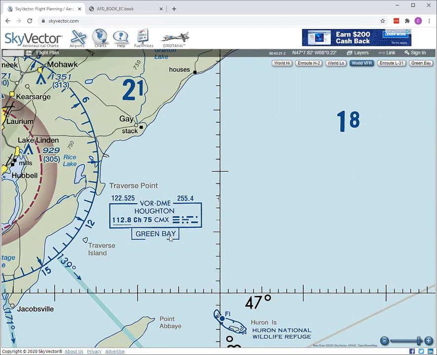Now, this VOR is special. It also has some other additional services that it offers. On the outside of the box here, we have two different frequencies: 122.525 and 255.4. We also have this down here, which says Green Bay. This means that when you tune to this frequency or this frequency, you'll be able to get flight service station on this VOR.